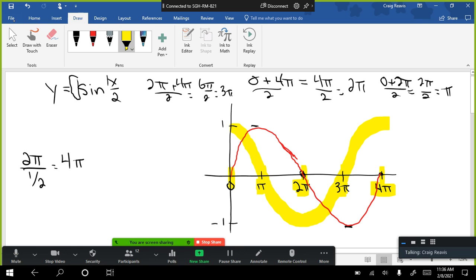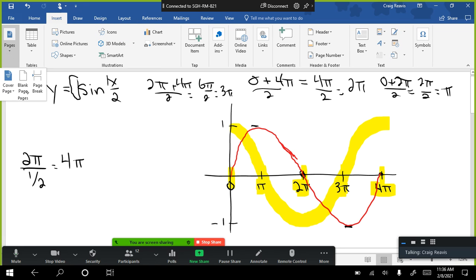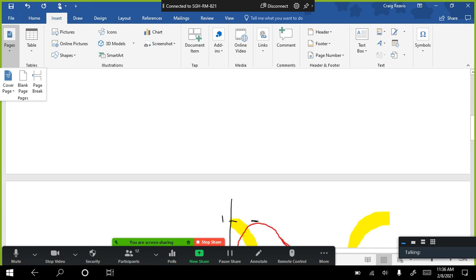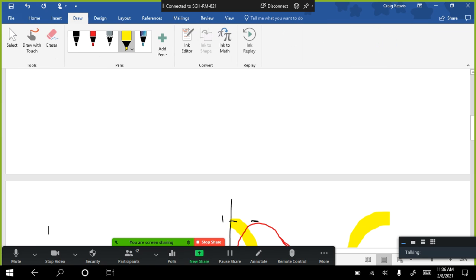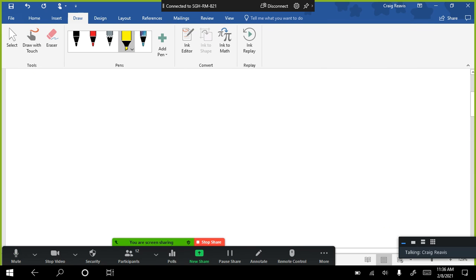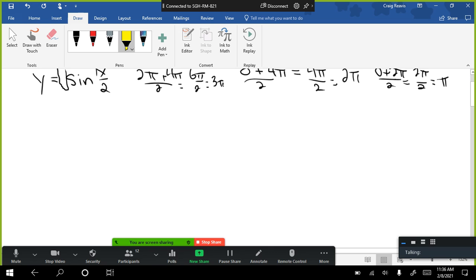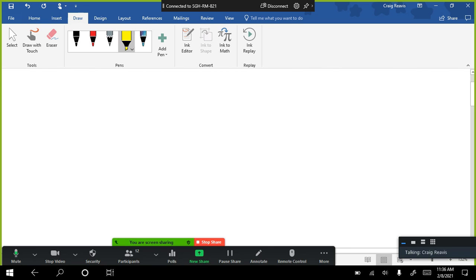So let's look at another one. Let me see if I can add another page. All right, so let's find another example. I don't want to do one that shifts yet. Or horizontal translation just yet.